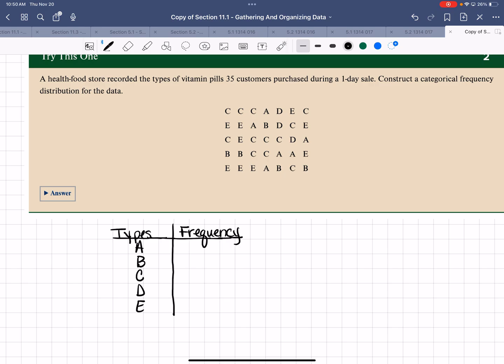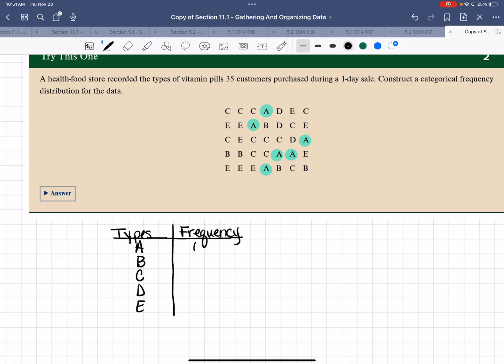All right, then we go, okay, let's talk about the frequency of each one of those. So I go up there and I count how many A's do I count. I'm going to highlight them a different color so you guys can still see them. Typically, I will scratch them out if I'm doing them just myself. So let's see, how many A's do I see? 2, 4, 6.